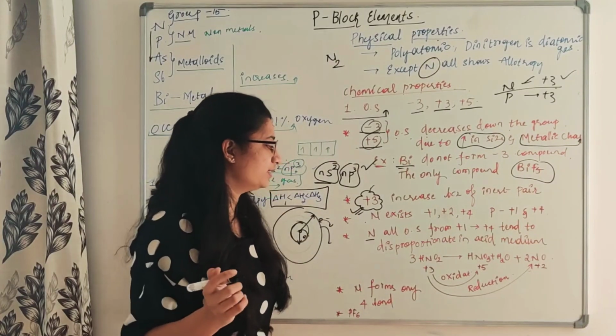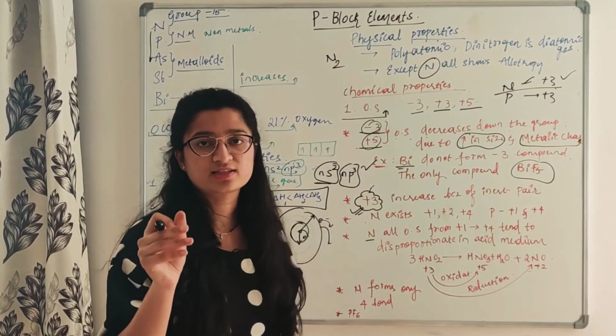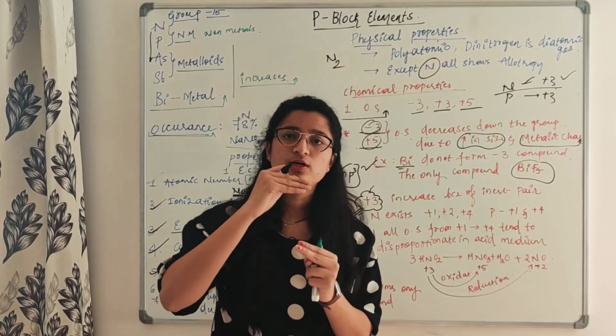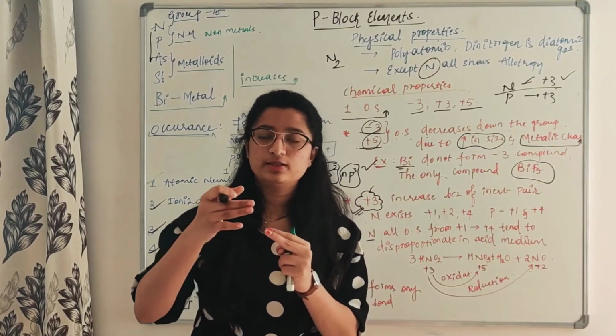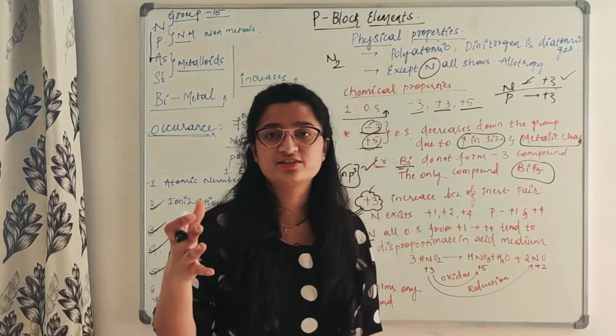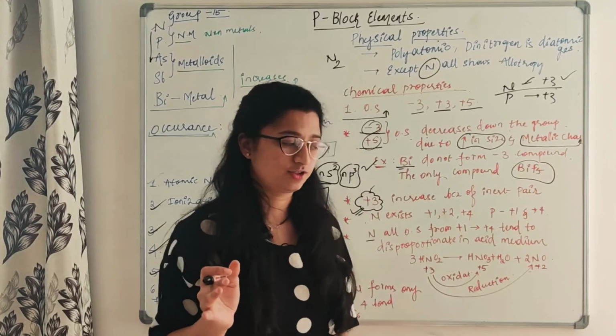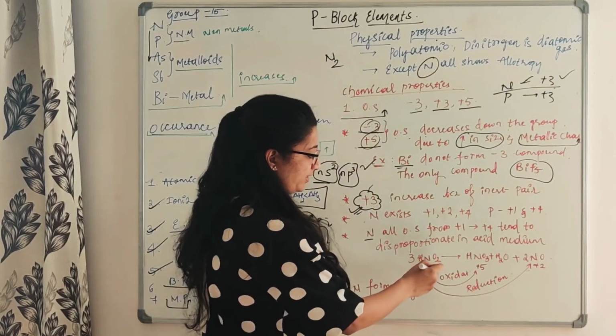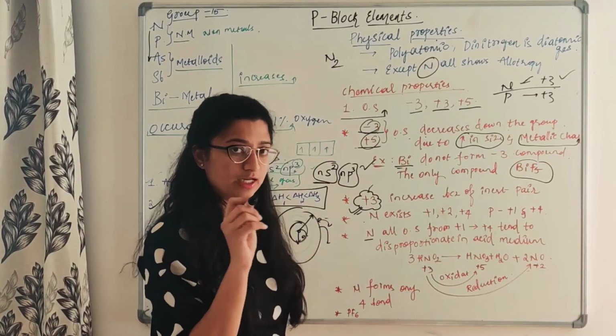Disproportionation is a chemical reaction where the same compound undergoes oxidation as well as reduction. For example, you know how to identify the oxidation state of an unknown element.